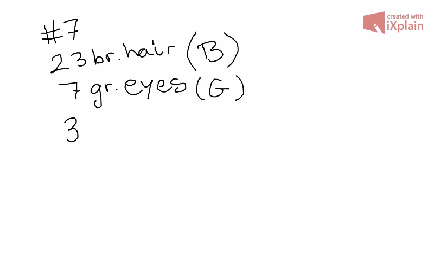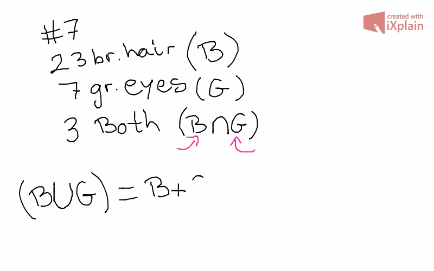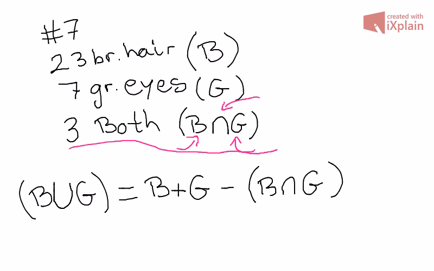If we have 23 are part of a set or a group called B, and 7 are the green eyes and they're part of the group G, then the ones who have both, they have brown hair and they have green eyes, we represent it with this symbol here. It's just called the intersection between the 2 groups.